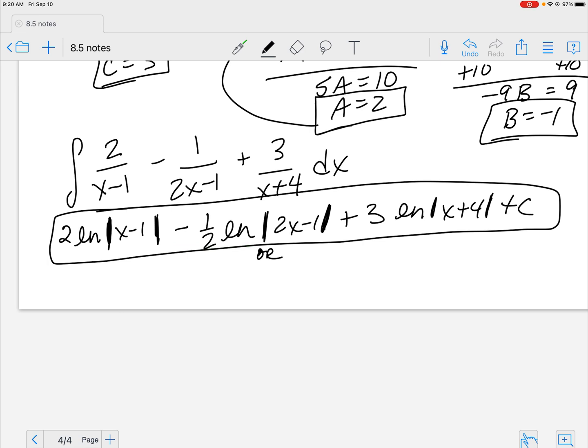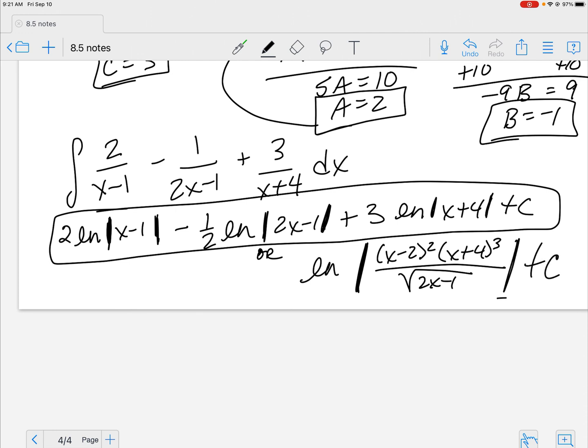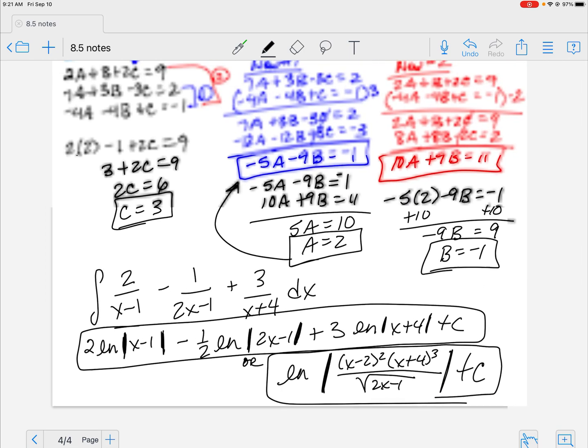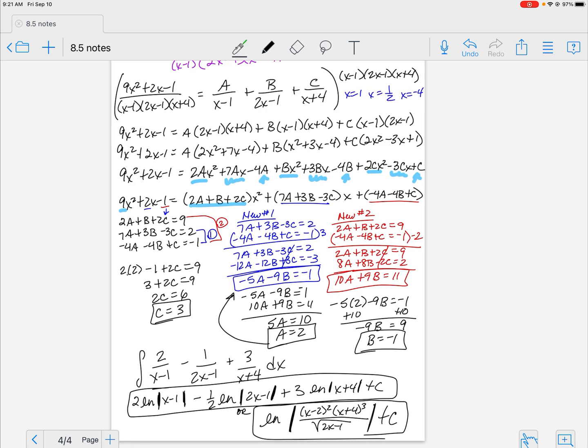So I have the natural log here of x minus 1 squared, x plus 4 cubed over, and remember this 1/2 is the same thing as the square root of 2x minus 1. And I told you I'm fine with the first one. If you want to do logarithmic properties, awesome, but you don't have to. All right? Cool. If you go back through and do the shortcut method for this one, you'll see you come up with these exact same numerators, those coefficients. All right?